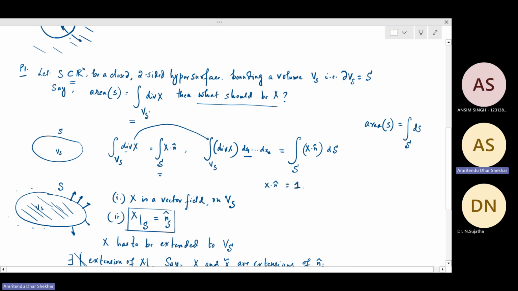I said what should be X. There is no one particular X. X has to be an extension of the unit normal vector field on S. Okay.